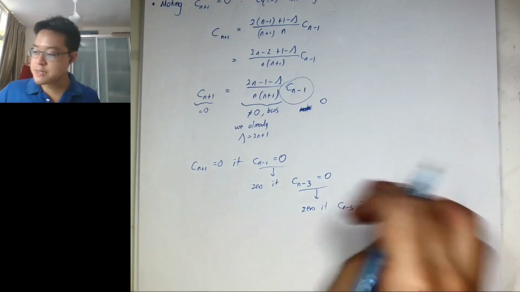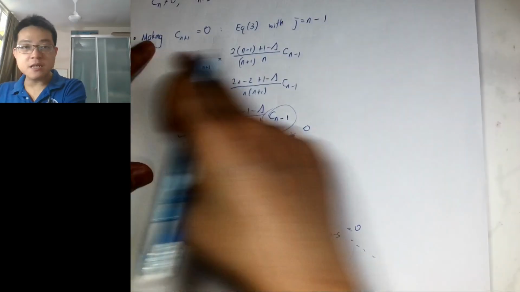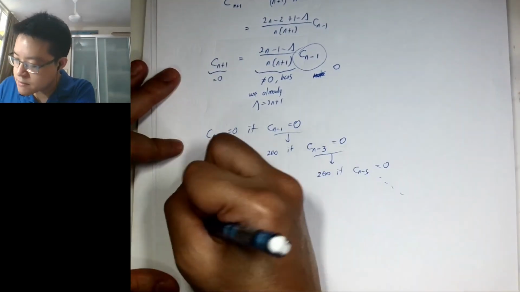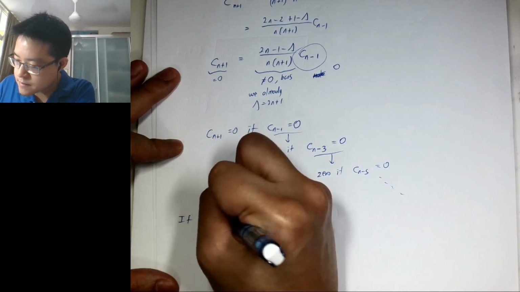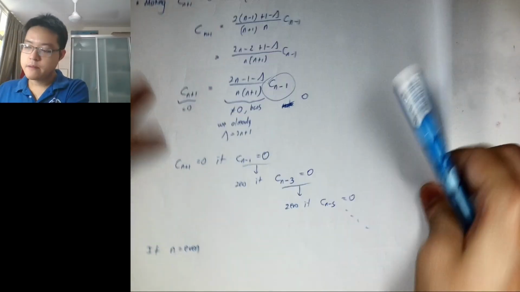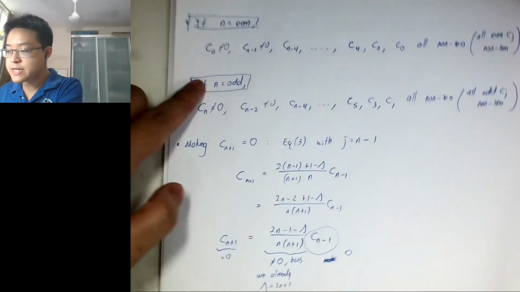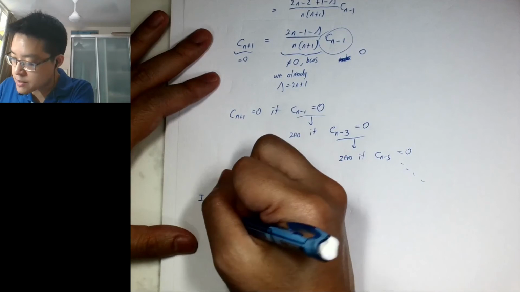So we come to the same reasoning now. Just now we argued that all these are non-zero, but because of this, all this must be 0. So if n is even, we know these are non-zero, but how about Cn minus 1?